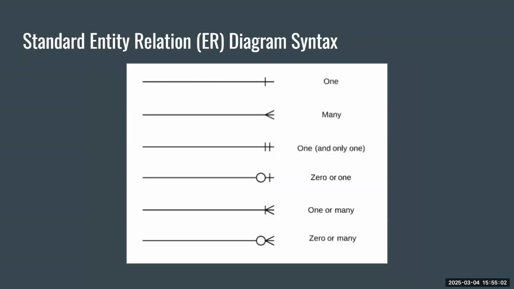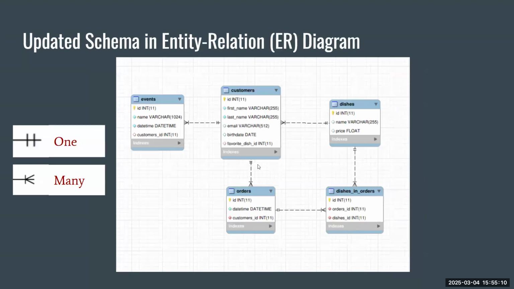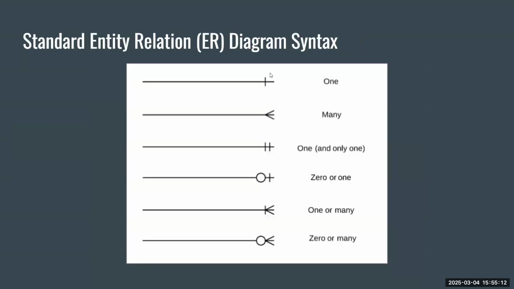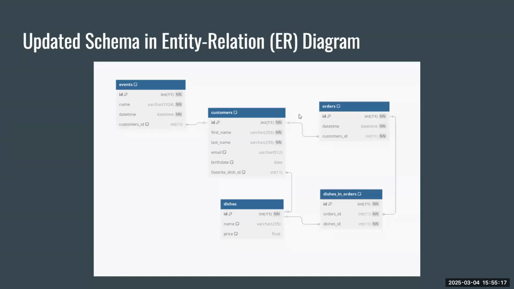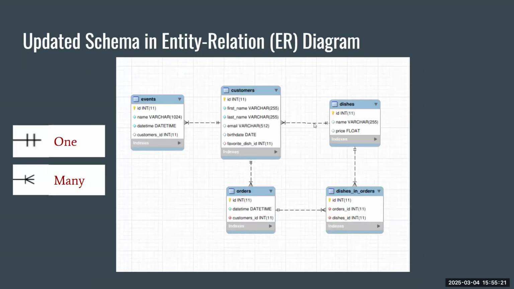And it's supposed to be the official specification for the syntax, but none of the ER diagrams that I have before adhere to it fully. For example, in MySQL, one and only one is the 2 lines, and I think that makes sense.